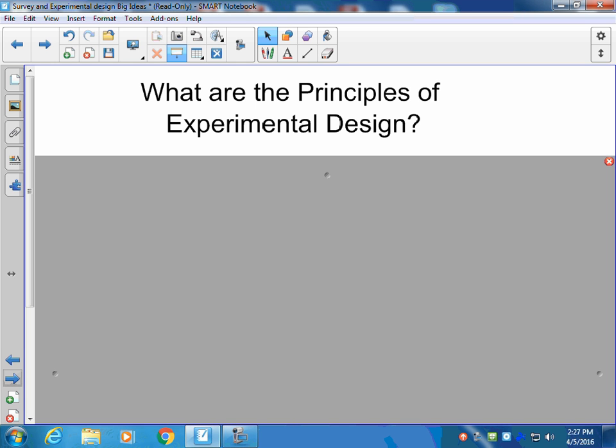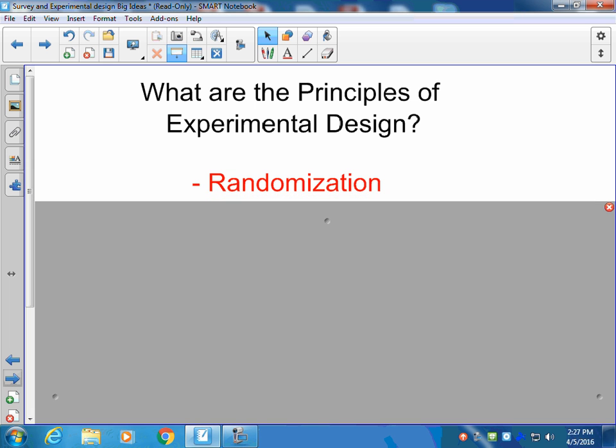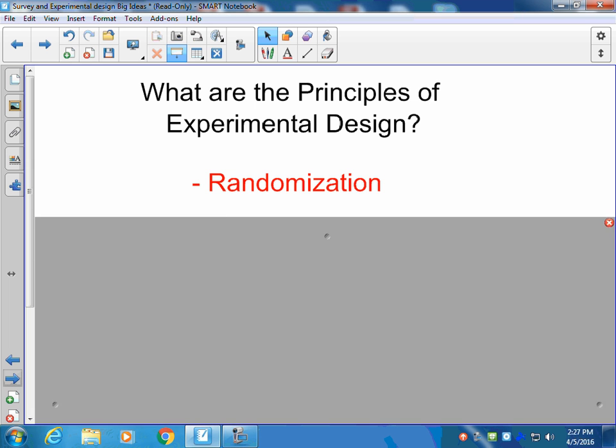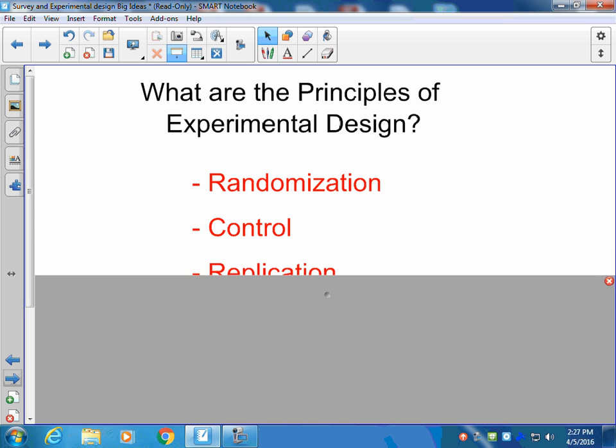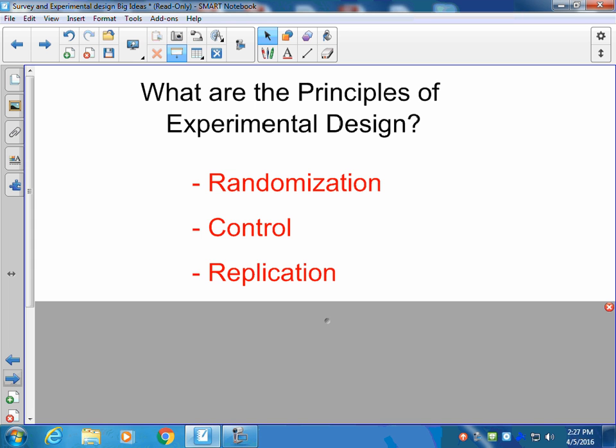Okay, so when we look at the three main principles, number one, randomization. We have to have a random selection process in experimental design. We need to have a control group. The fourth piece comes in with the control, and it's talking about a comparison. Okay, so if you have a control group, you're going to have comparison naturally, so we don't have to have a fourth principle. And then the last one is replication.